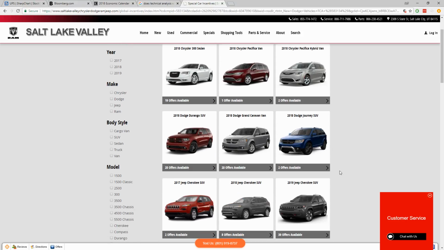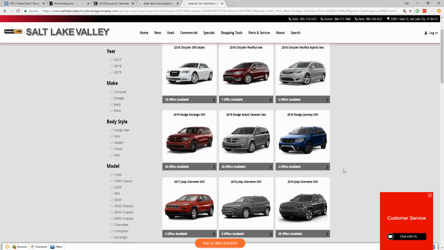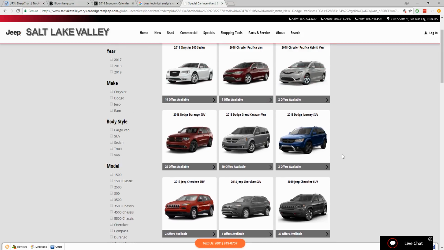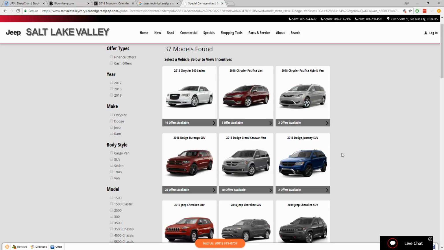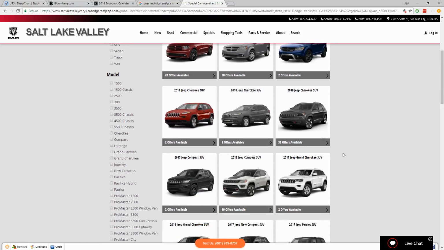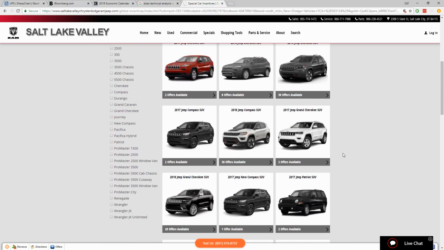Other people are looking for reliability. Other people are worried about cost. Other people are worried about maintenance. How much is it going to cost to maintain? How often is it going to break down? How often do I have to take it to the shop? Other people are going to come in looking for comfort and style. They want some bling. They want something that looks good, something they can be proud of or impress their friends with.